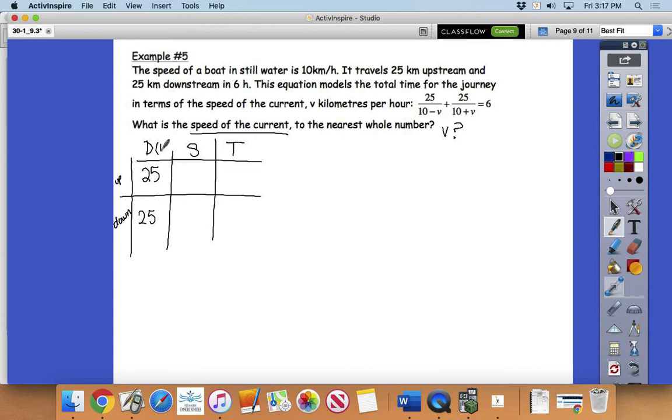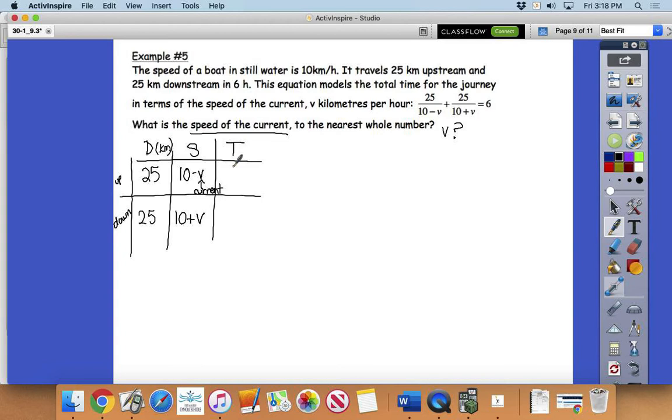So this is in kilometers. We also know the speed is going to be their speed in still water, and if they're going upstream, they're going to go against the current. So V is going to represent the current. If they're going downstream, the current is going to help them, so we're going to add V. So if you're going upstream, minus V. If you're going downstream, add V.